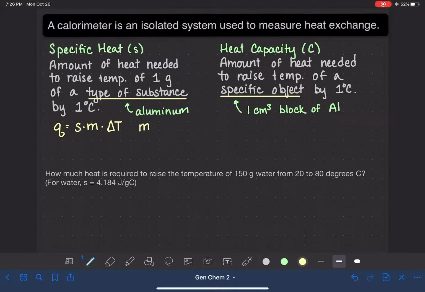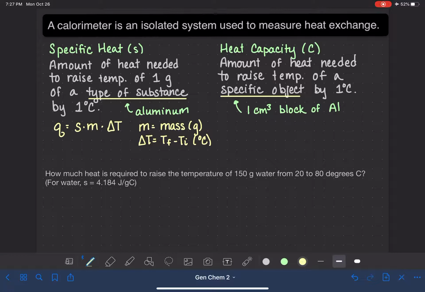And in this equation, the little m represents the mass, which is always going to be in units of grams for this particular equation, and delta T represents the final temperature minus the initial temperature, always in units of degrees C. Specific heat is a constant, which will be provided to you as part of the problem.